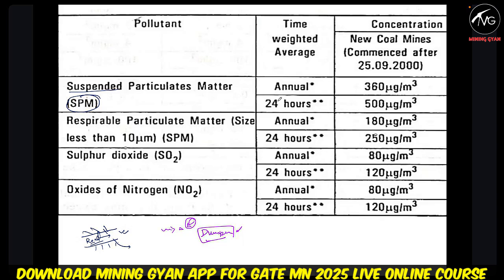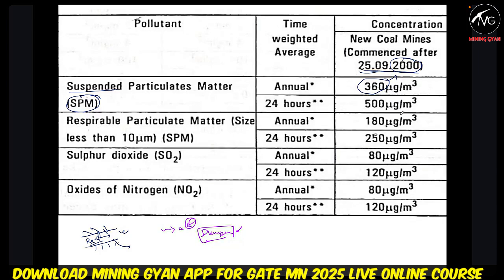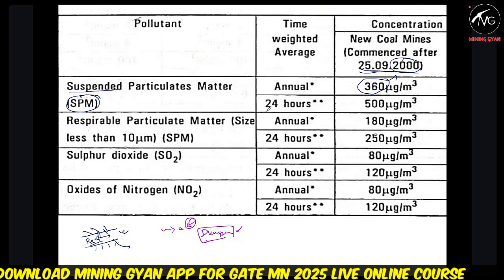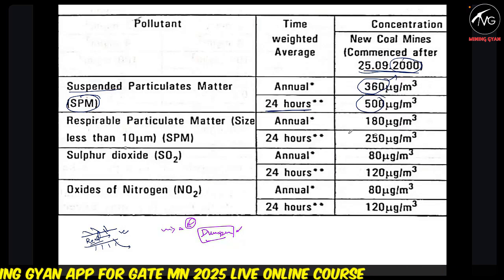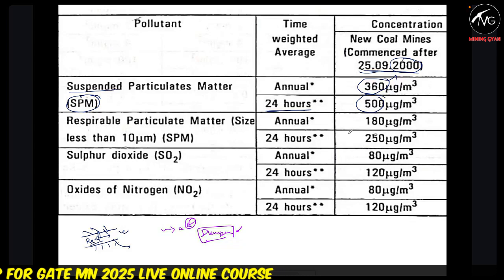So for suspended particulate matter, SPM, you have to remember 2 points. After the new coal mines commencement after 2002, it is mentioned in the category. SPM, if you are talking about annual, you have to consider 360, but if you are talking about only 24 hours, you have to consider 500 microgram per meter cube.